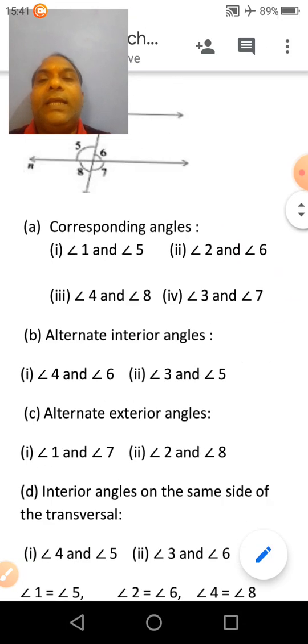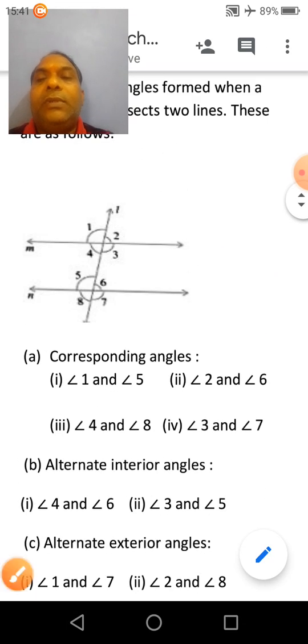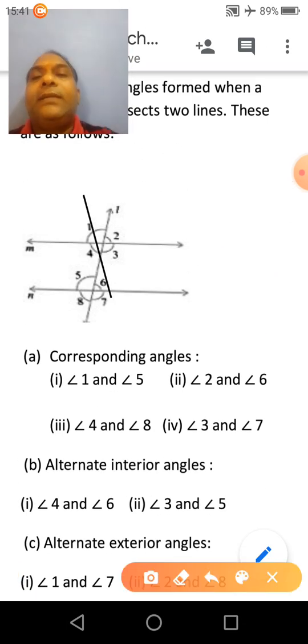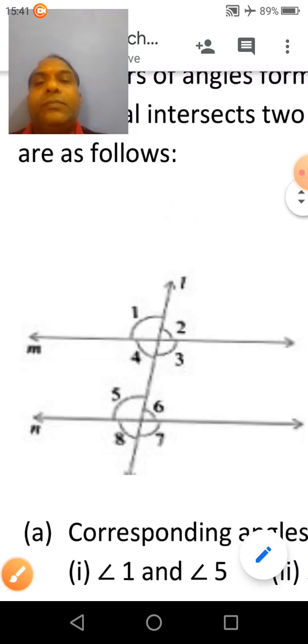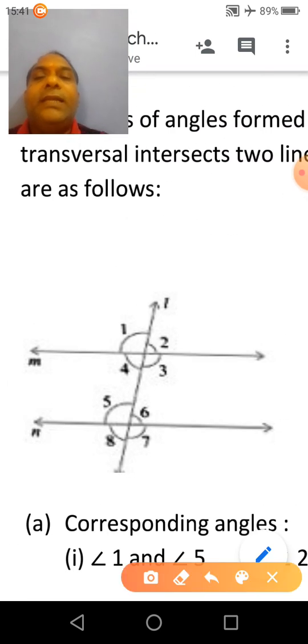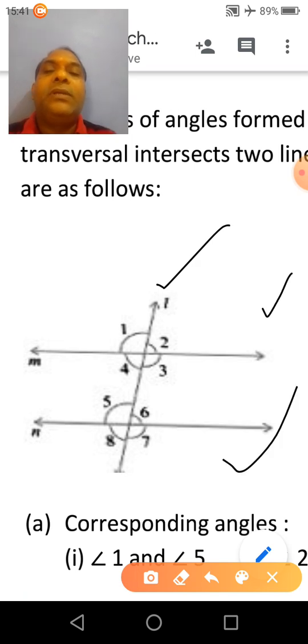See here. Here L is the transversal line and two lines M and N are parallel. So transversal line L intersecting two lines M and N which are parallel, then their corresponding angles will be equal.